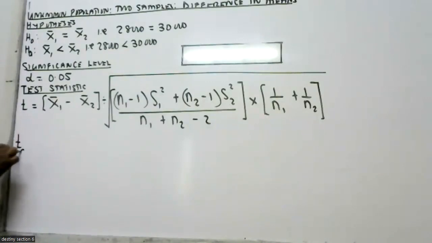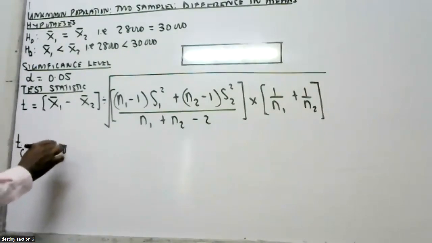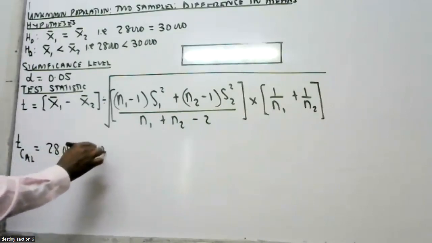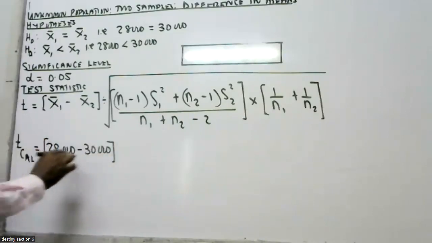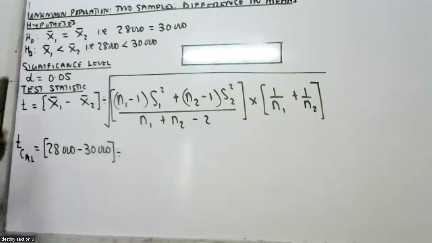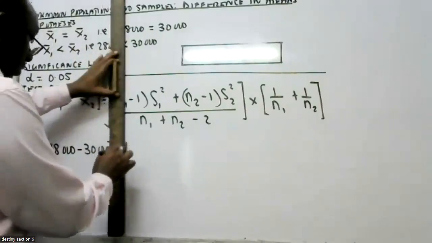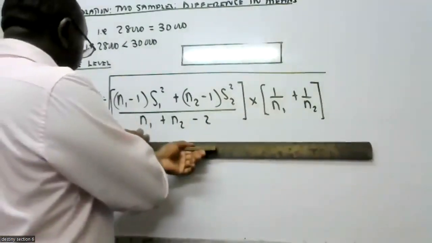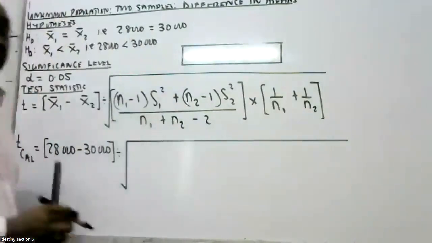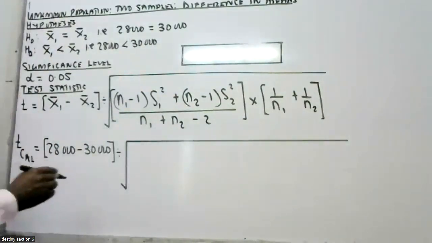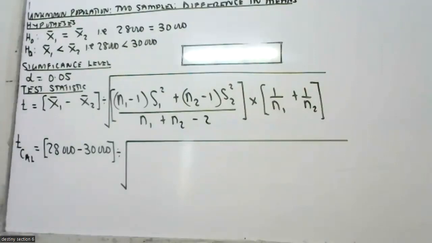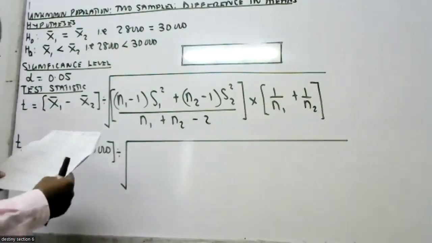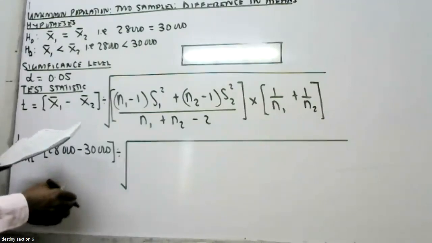So that our T calculated will be 28,000 minus 30,000, and you divide this by the square root. For n1, in sample A, we had gotten 60.